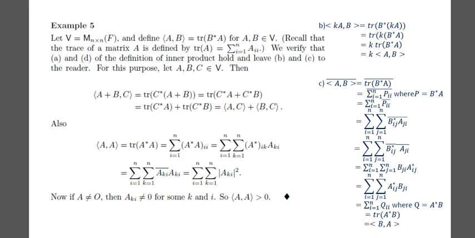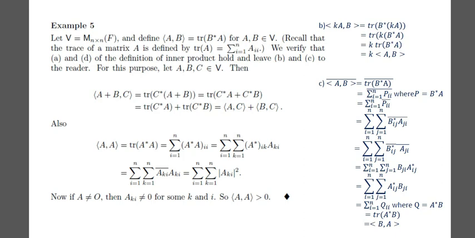So the two conjugates are cancelling, so we are getting Bji, only one transpose is left, and Aji bar is (A star)ij. So this is equal to summation i equal to 1 to n, j equal to 1 to n, (A star)ij into Bji, which is equal to summation i equal to 1 to n of Qii, where this Q is A star B, which is equal to trace of A star B. So this is equal to inner product of B, A.